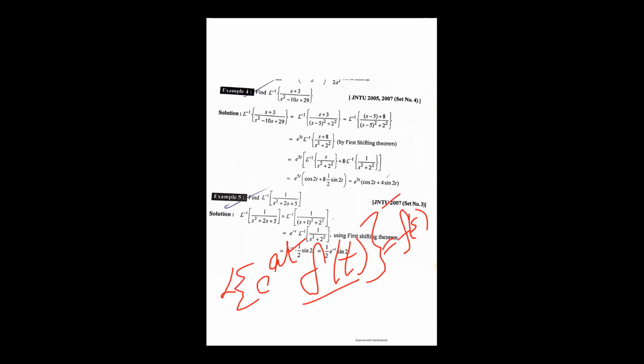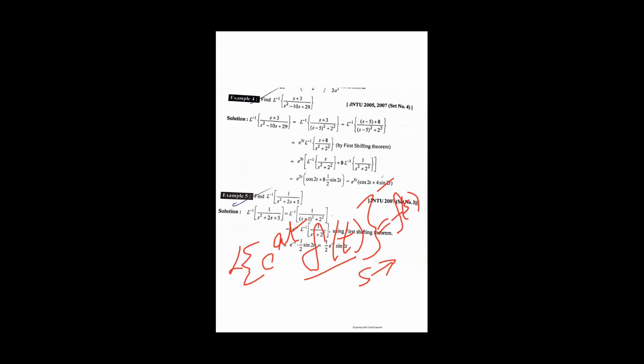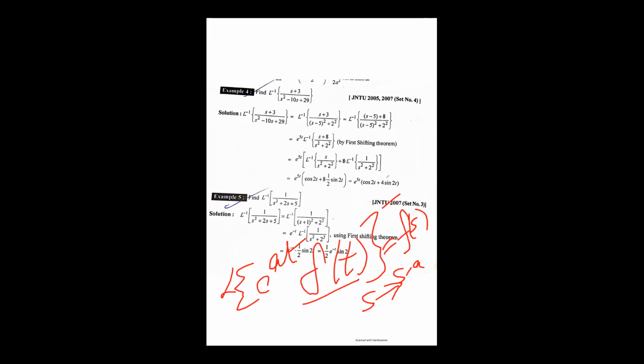After getting f bar of s, then s tends to s minus a, I replace s by s minus a. So finally, f bar of s is converted to f bar of s minus a. This is the first shifting theorem in the Laplace transform.